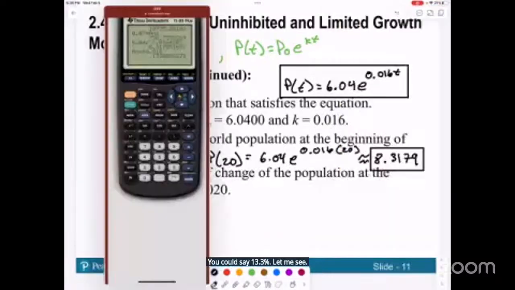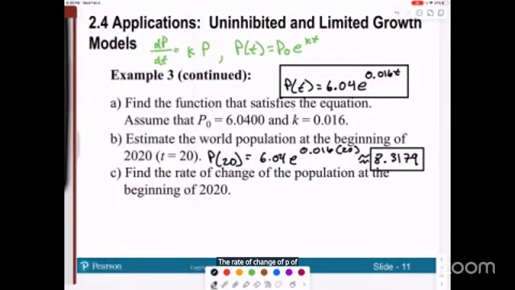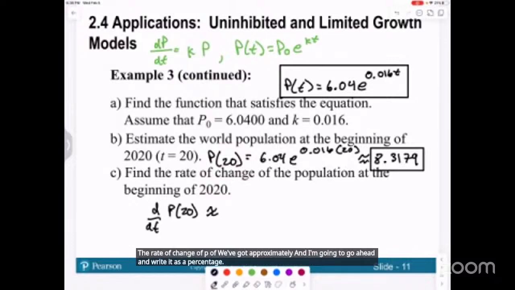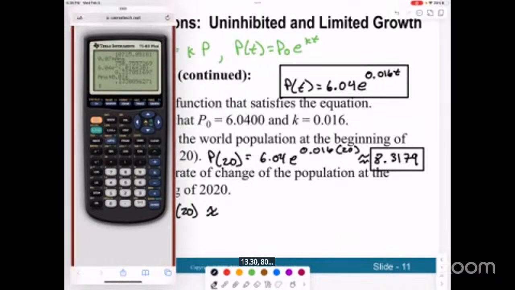So basically what I did, the rate of change of P of 20. We got approximately, and I'm going to go ahead and write it as a percentage, 13.3086% per year.